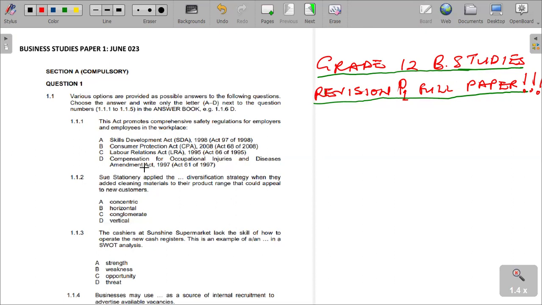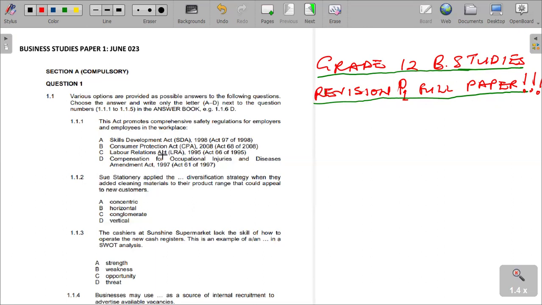This act promotes comprehensive safety regulations for employers and employees in the workplace. So we want the act that safeguards employers and employees at the workplace. You see, for the first question, the Skills Development Act has to do with skills. The Consumer Protection Act has to do with the safety and protection of consumers in South Africa in general.